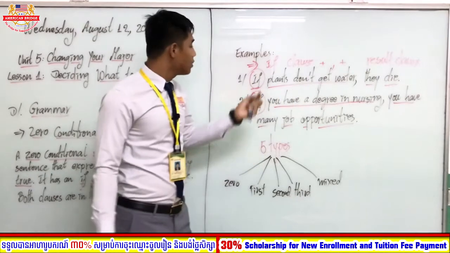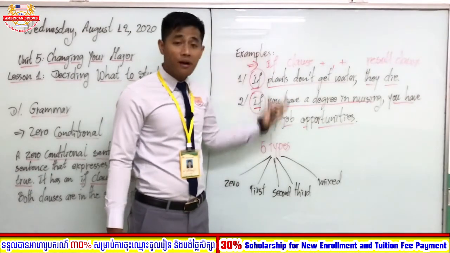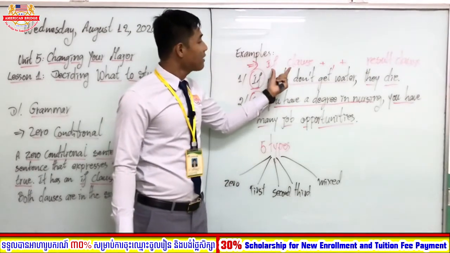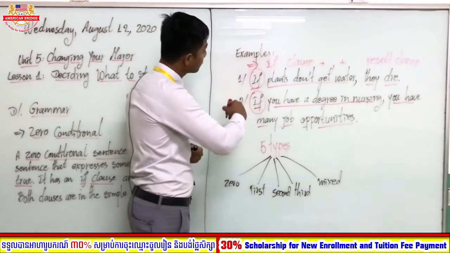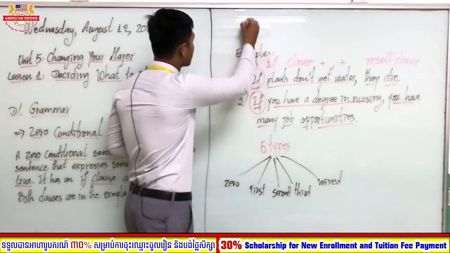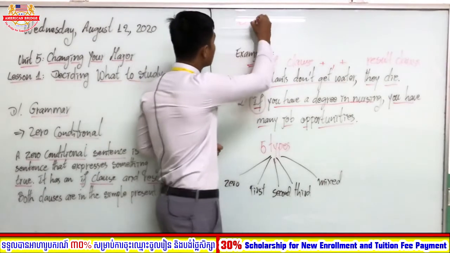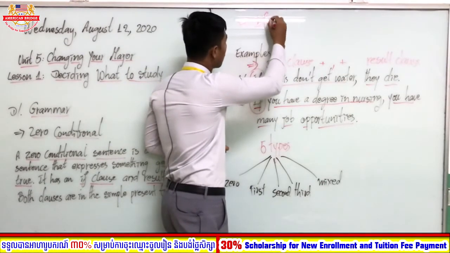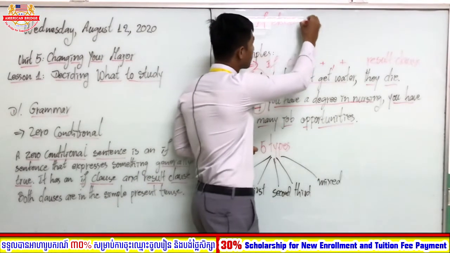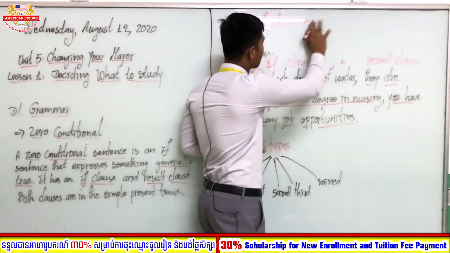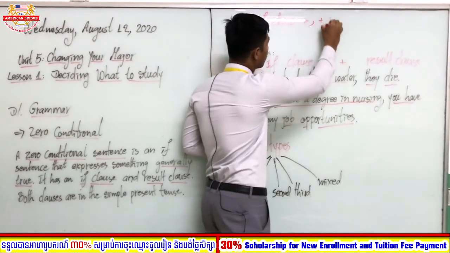This is because you write the if clause first. You can also write the if clause at the end. Let teacher write here: if clause plus comma plus result clause.